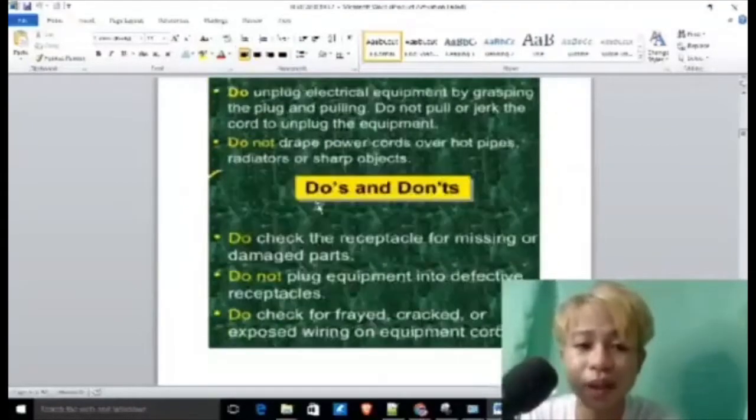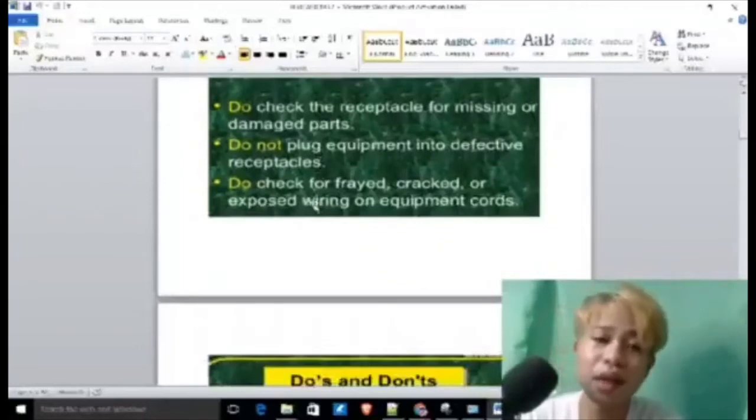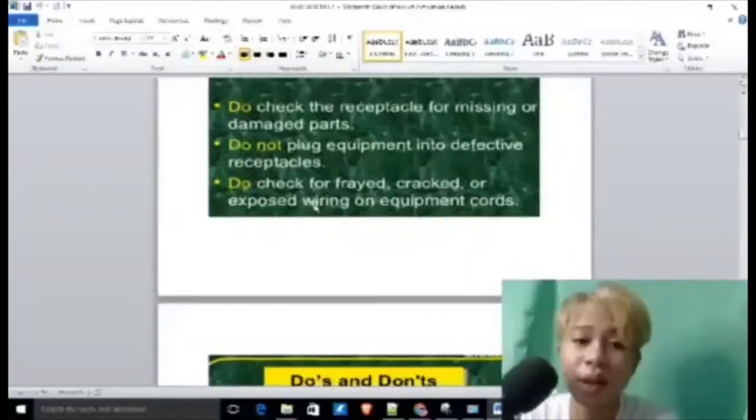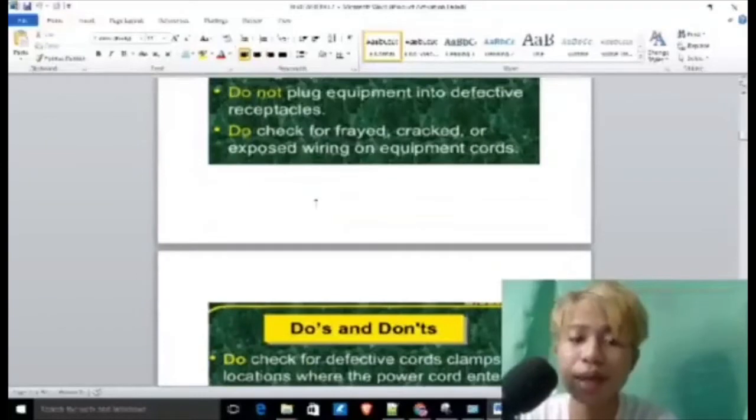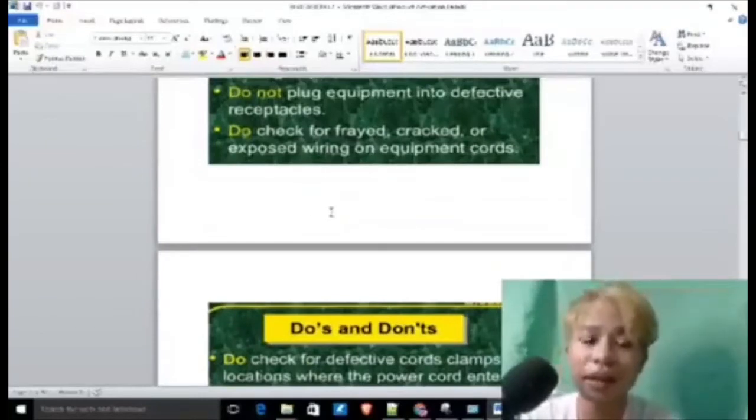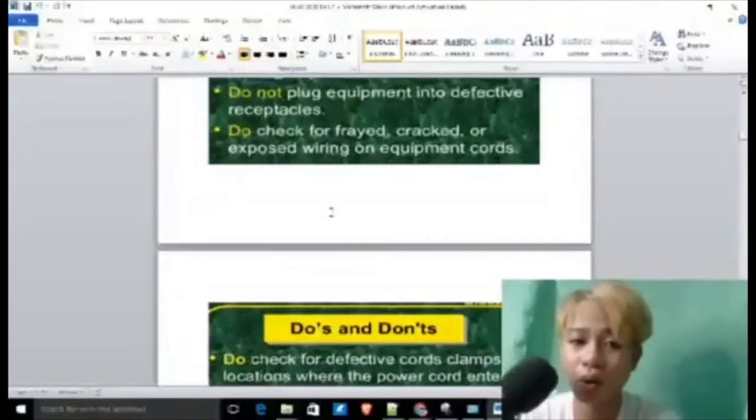So it is very important to follow all of these precautions and safety, because this is really good, and it must be applied in all activities related to computer electronics.